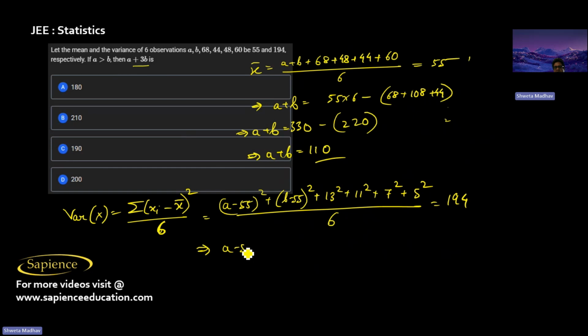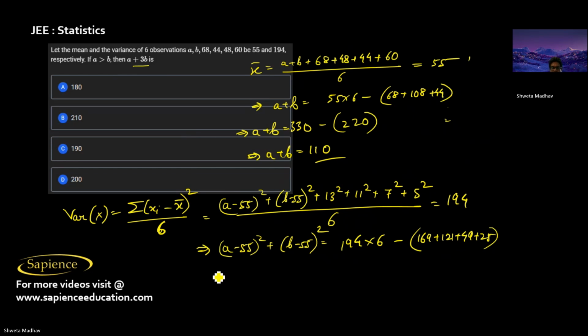Therefore, I can say (a minus 55) square plus (b minus 55) whole square is equal to 194 into 6 minus (169 plus 121 plus 49 plus 25). It means from here also we can say that (a minus 55) plus (b minus 55) would obviously be equal to 0, since 110 can be written as 55 plus 55.